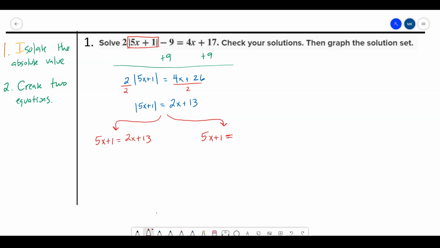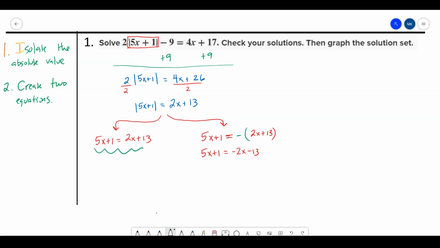And then I'm going to take the opposite of the right-hand side. So I'm going to take the opposite of 2x plus 13. So of course that second equation is going to be 5x plus 1, and then the opposite of 2x plus 13, if we distribute, is negative 2x minus 13.